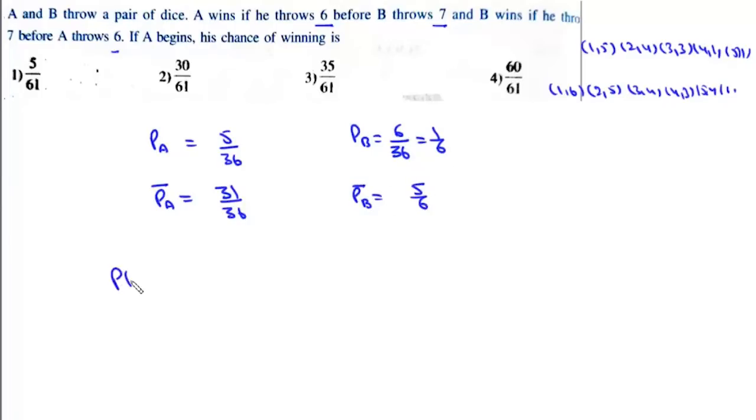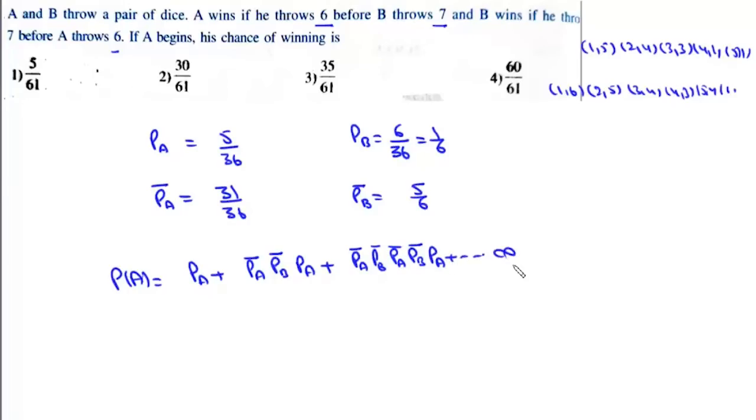Now we need to find the probability that A is going to win. Now A is going to win if A wins in the first chance, or if A doesn't win, B doesn't win, but A wins again in third chance, or A doesn't win, B doesn't win, again both of them don't win, and then A wins in the next chance, and this sequence will continue up to infinite. Now it is nothing but an infinite GP.